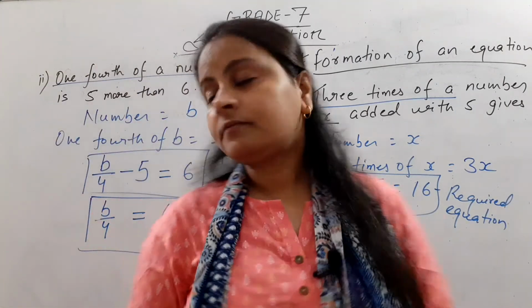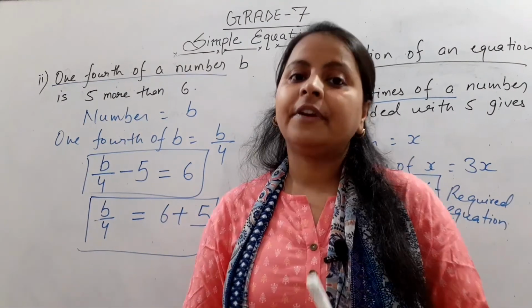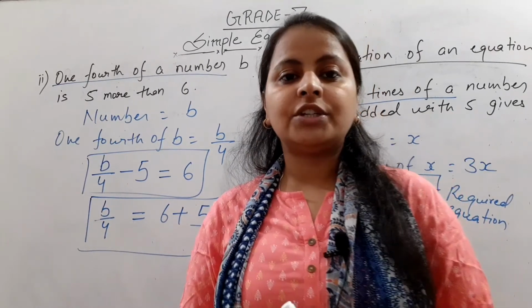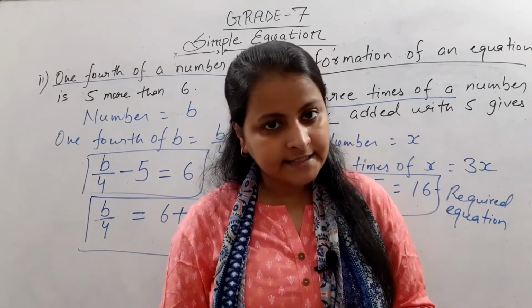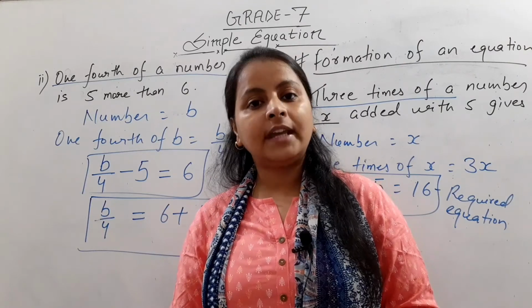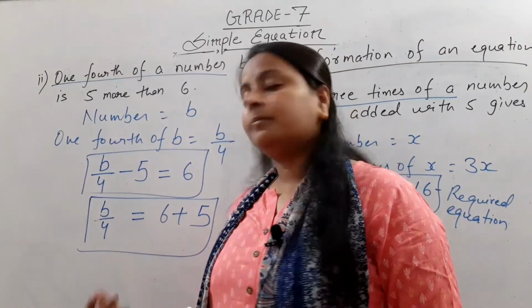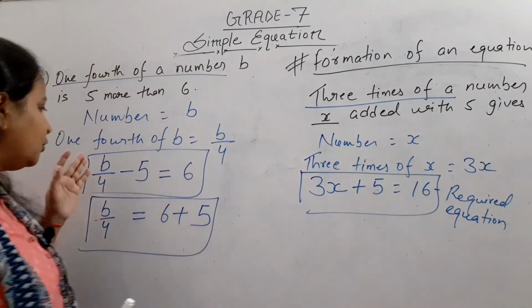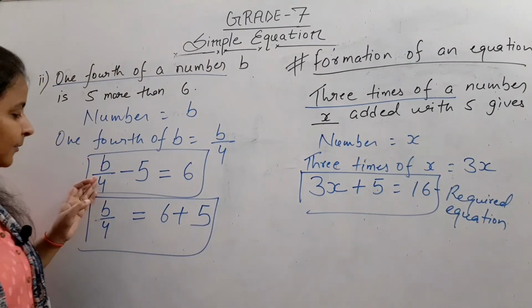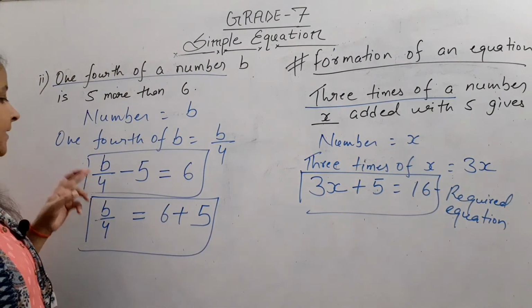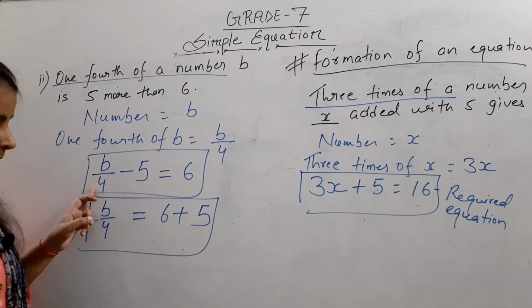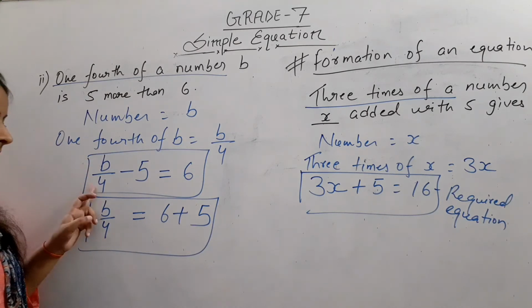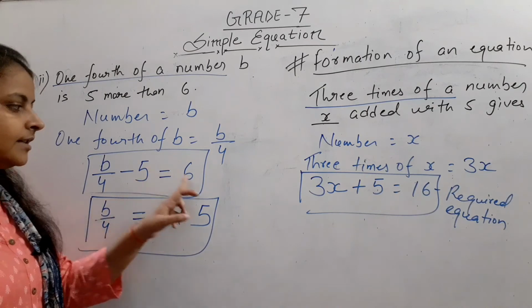Students, so in this way we can form an equation from any given statement, as well as we can write the statement of any given equation. If we have to write it in statement form, how do we write it? 1/4 of a number b is 5 more than 6.